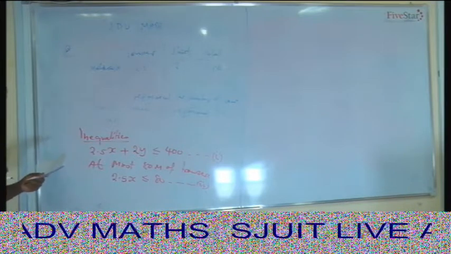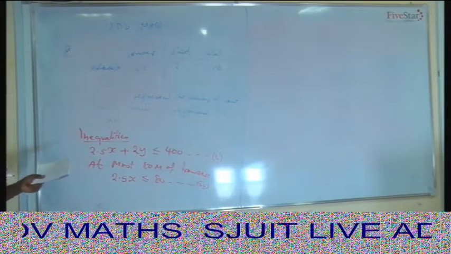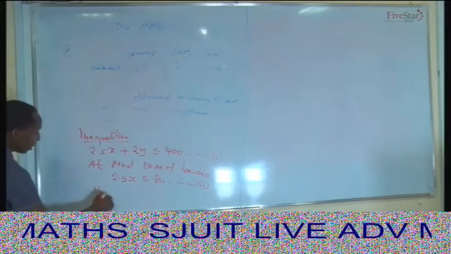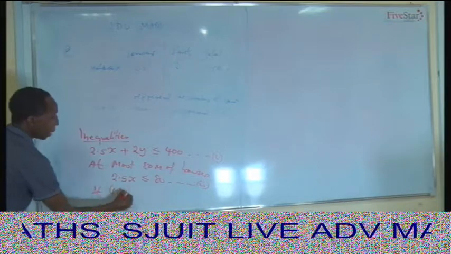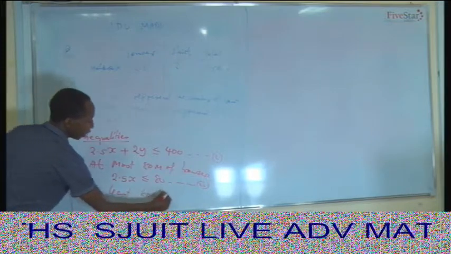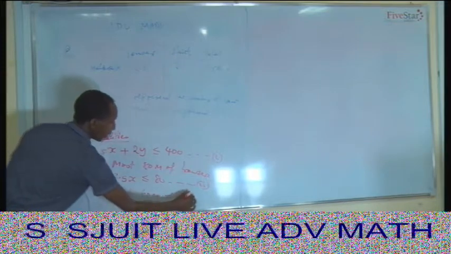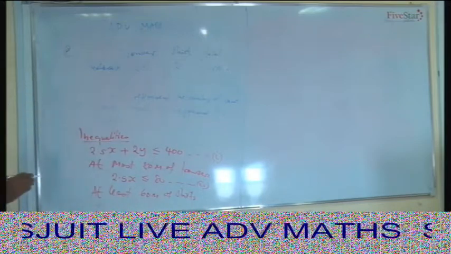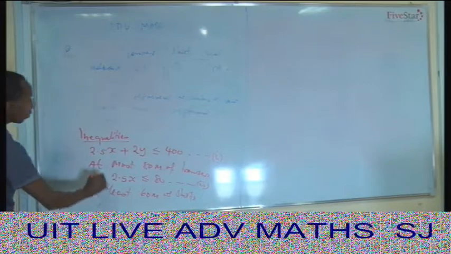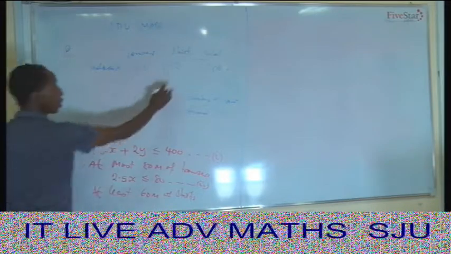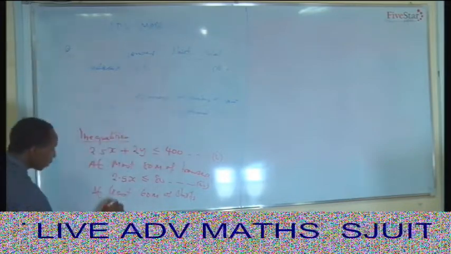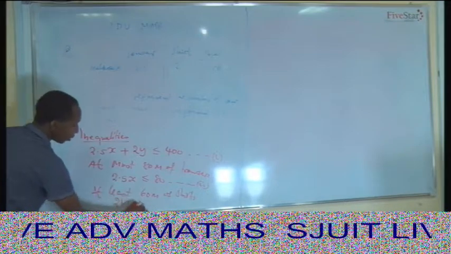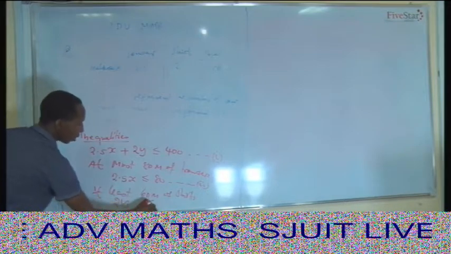Again, she produces at least 60 meter of the shirt daily. At least means just the minimum amount, and because each shirt requires 2 meters, we take 2 times the number of shirts, which is Y. This should be greater or equal to 60.